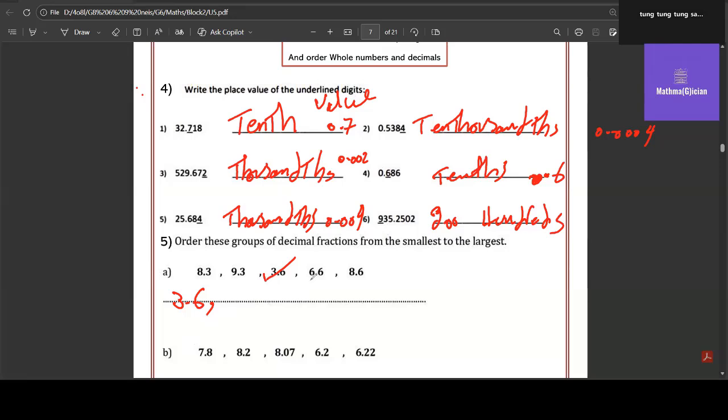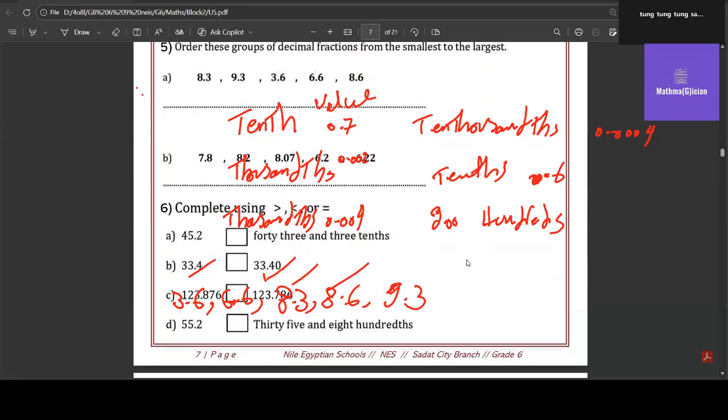Then 6.6 will be the second smallest number. After that, 8.3, check, 8.6, nice. And the greatest number that we have will be 9.3. Right.